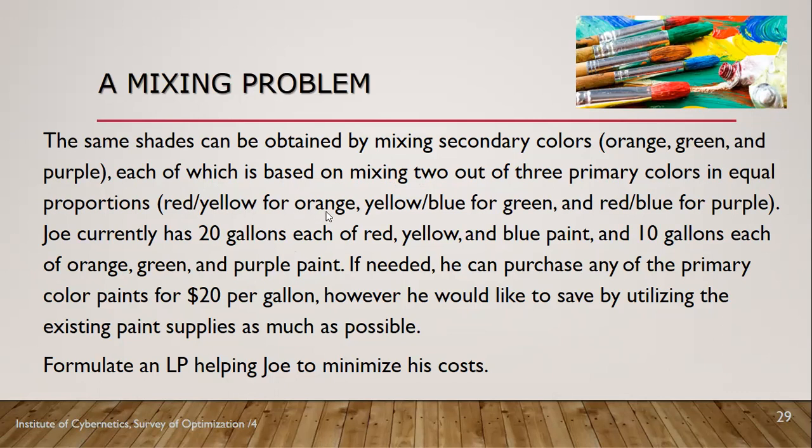So we can mix red and yellow for orange, yellow and blue for green, red and blue for purple. Joe currently has 20 gallons each of red, yellow, and blue. So these are our primary colors. And 10 gallons each of orange, green, and purple paint. So those are our secondary colors.